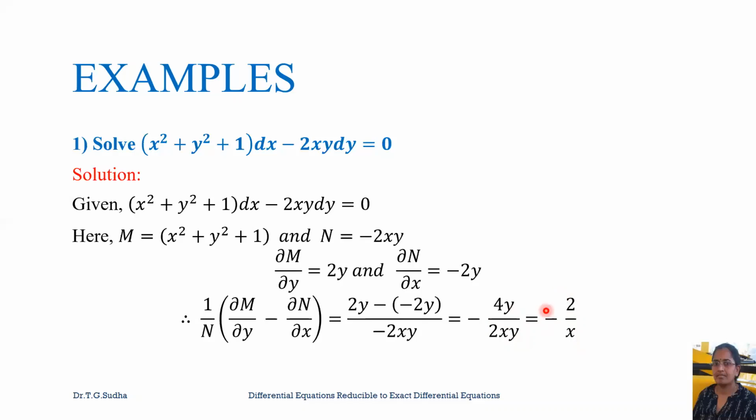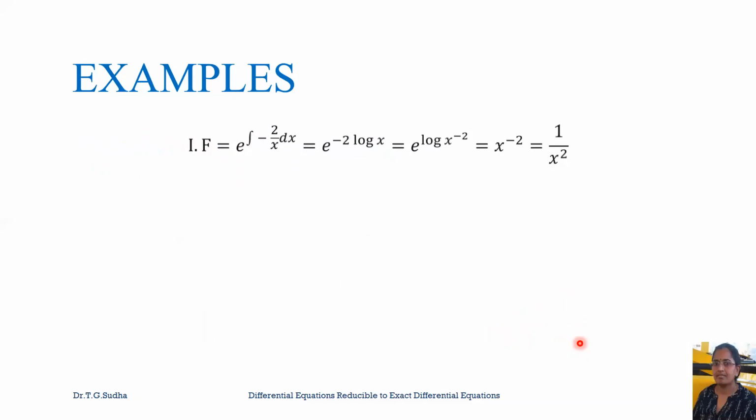Now this resultant function on simplification is a function of x alone. So the integrating factor is given by e to the power of integral minus 2 by x dx. And that will be equal to e to the power of minus 2, which is kept as it is, times integral of 1 by x dx, which gives us log x on integration.